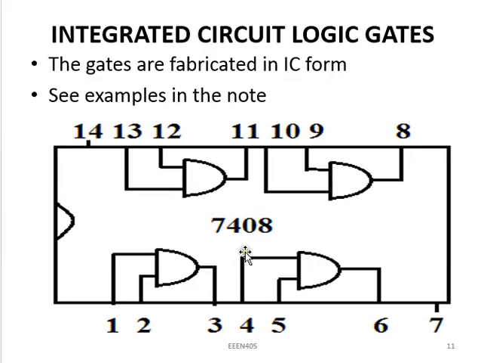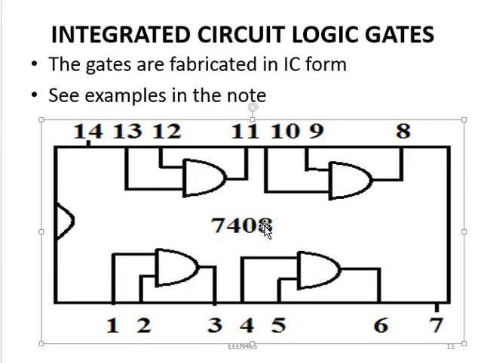Whichever IC you have that is dual inline package, meaning it has pins on this side and pins on the other side, it is called a dual inline package. And if it has this number 7408, it is an AND gate, and inside the AND gate they have two inputs, one output.